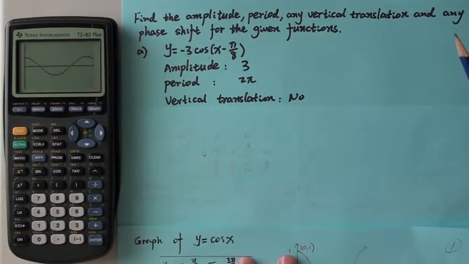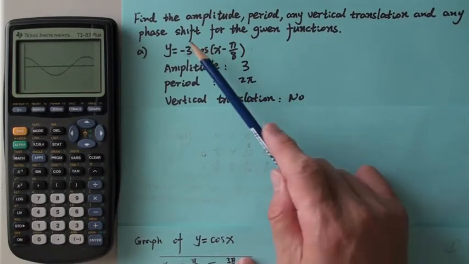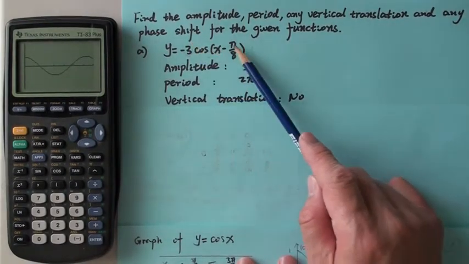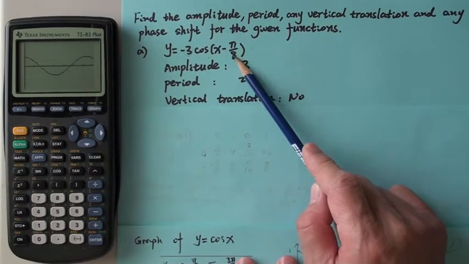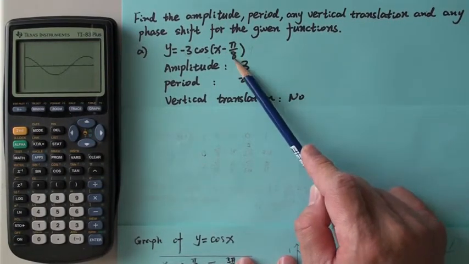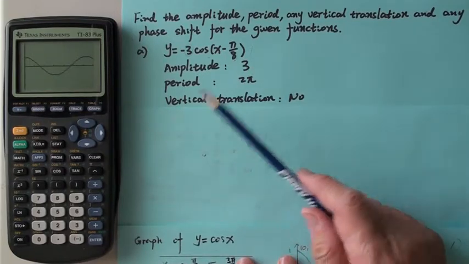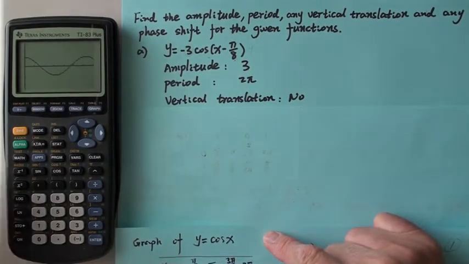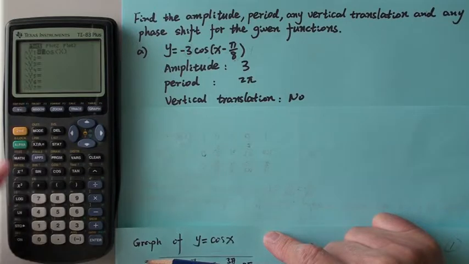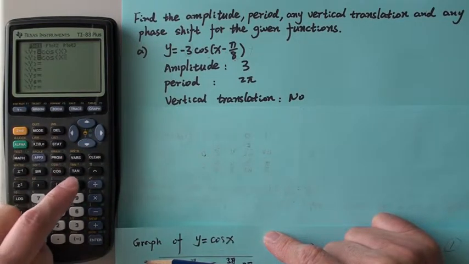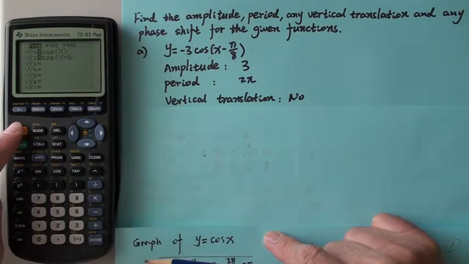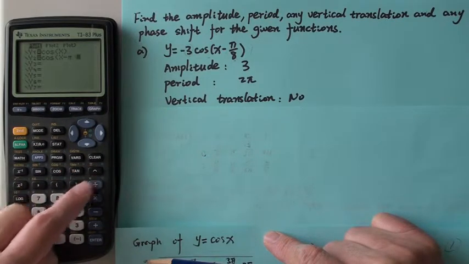Any phase shift? Yes, pi over 8. Here it is subtract, so the shift is pi over 8 to the right. You may draw another one, cosine of x minus pi over 8.